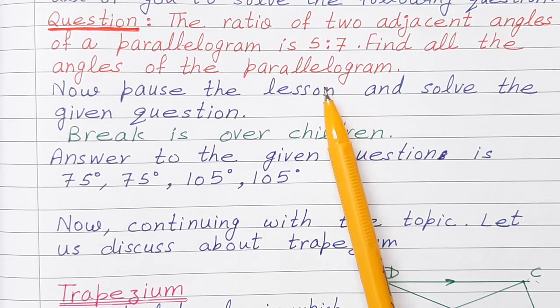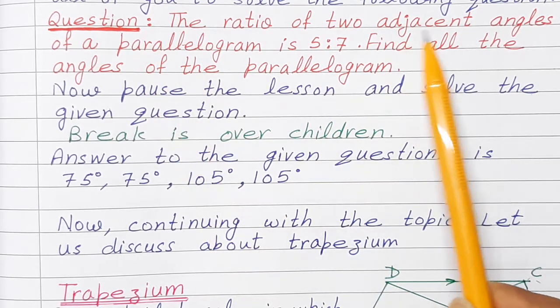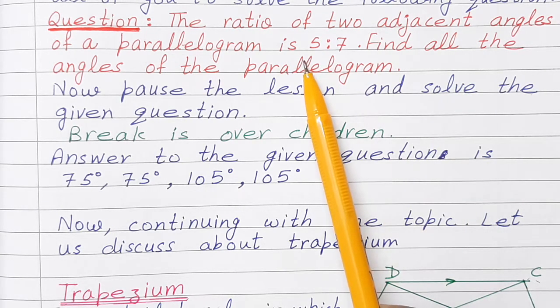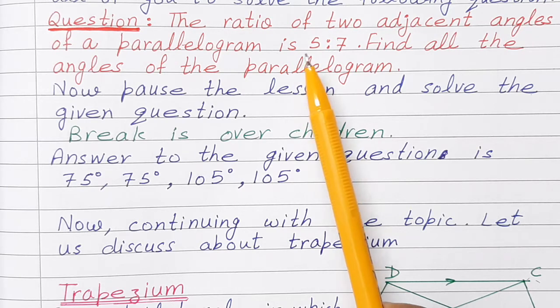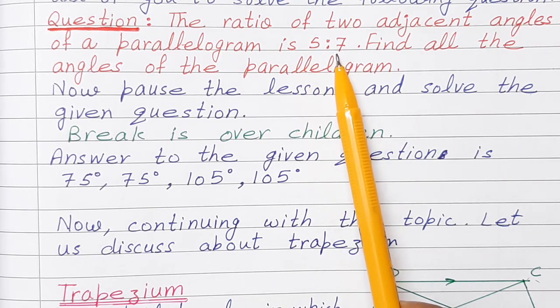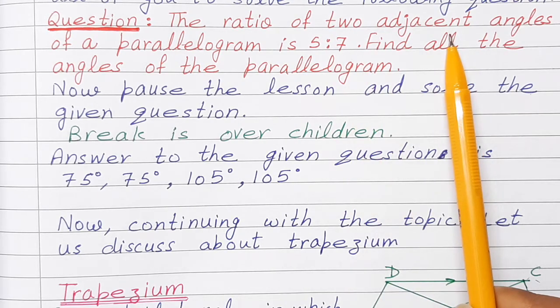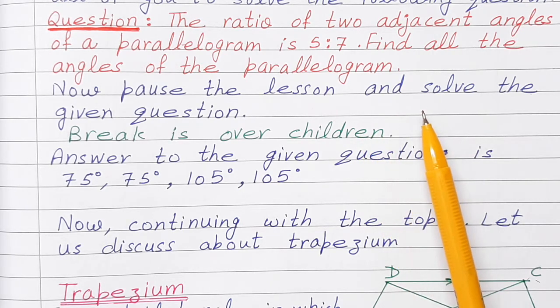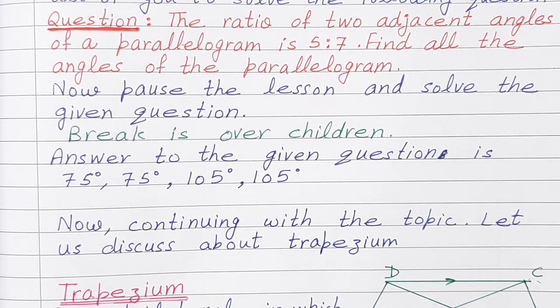Children, you know that the sum of adjacent angles is 180 degrees. So, you can assume that the angles are 5x and 7x. So, 5x plus 7x is equal to 180. Now, you can pause the lesson for a few minutes and solve the given question, right?